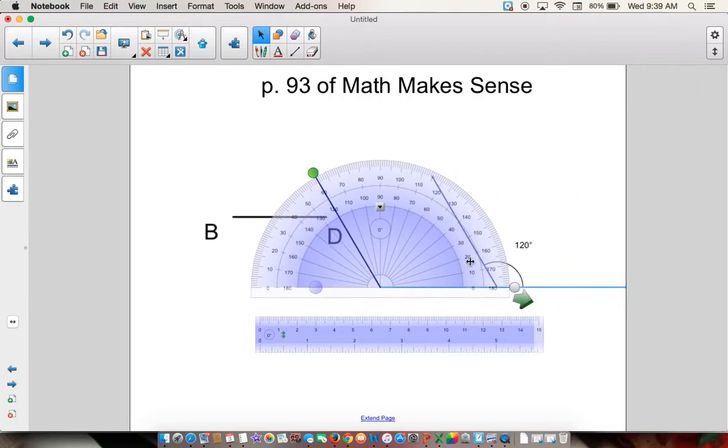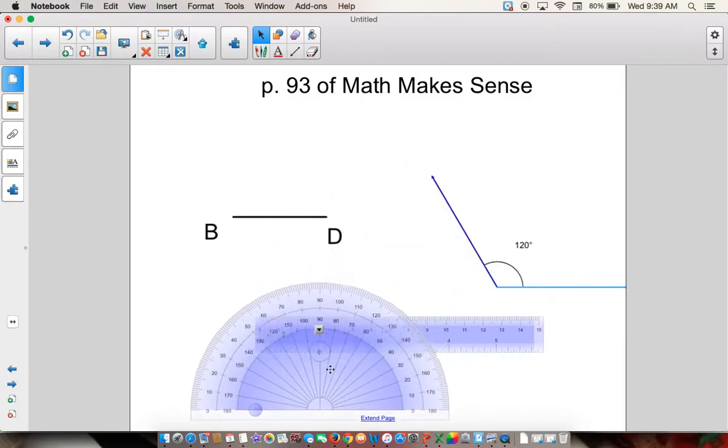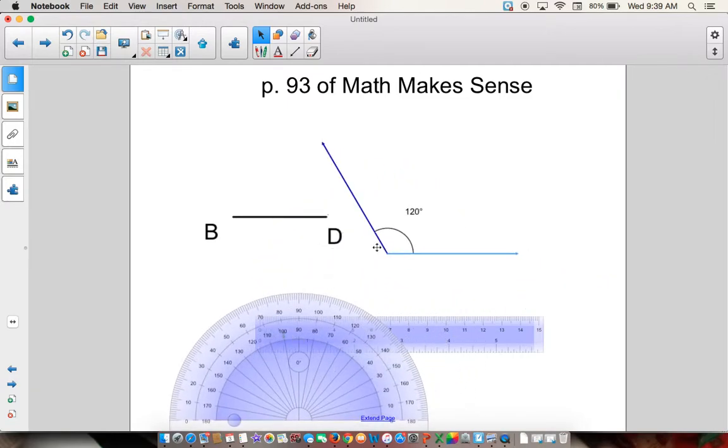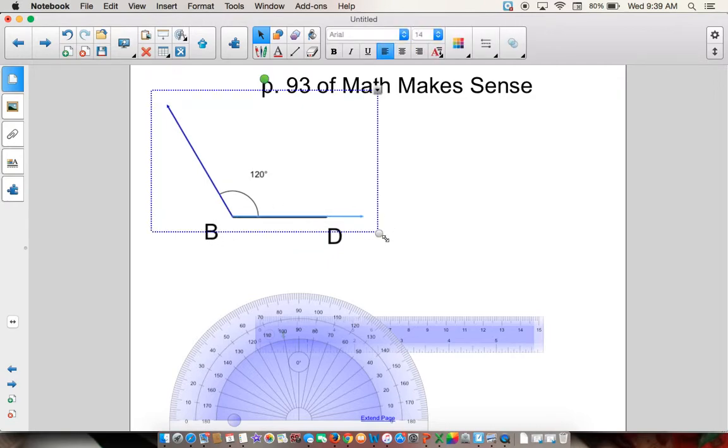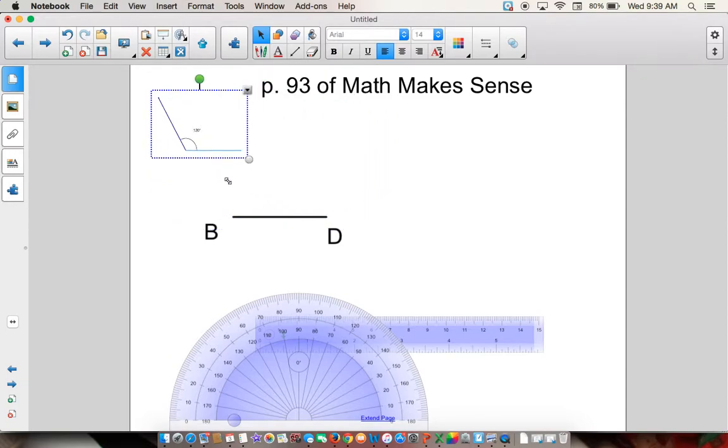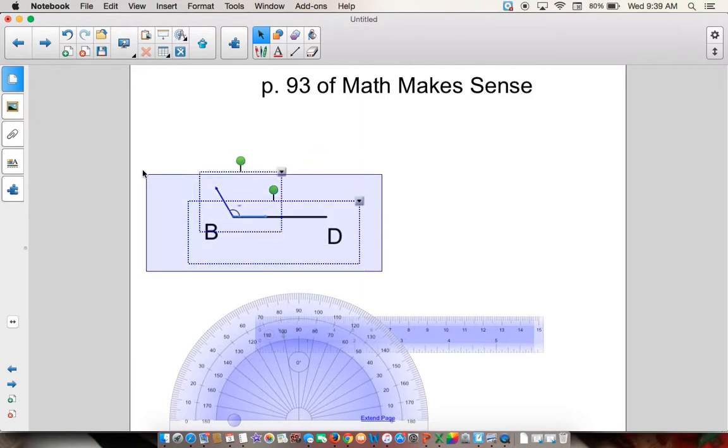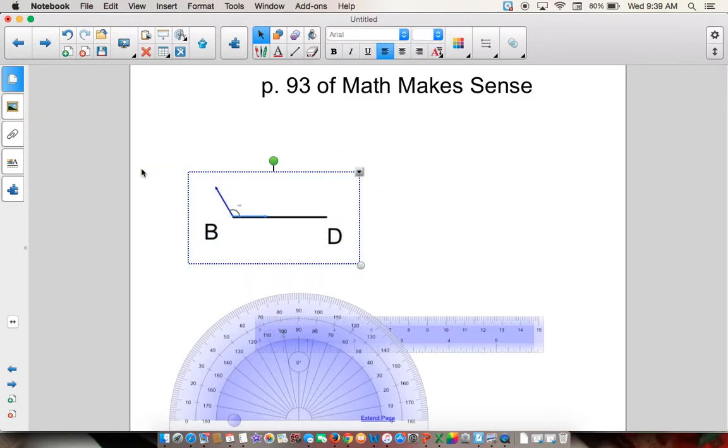I'm going to take my angle out, and I'm going to move my protractor out of the way. I'm going to put this at point B. That's this side because B is right there. I know that my angle is too big right now, so I'm just going to shrink it a little bit to make more space for me. There is point B. Make sure to group it all so it doesn't move on you.